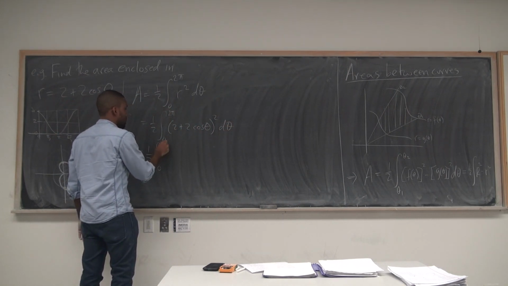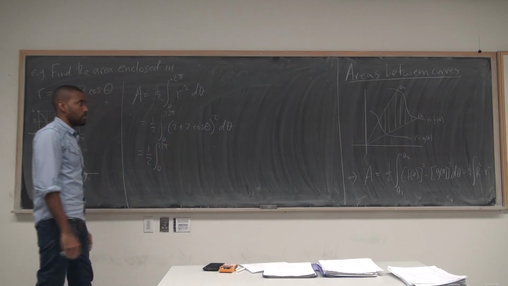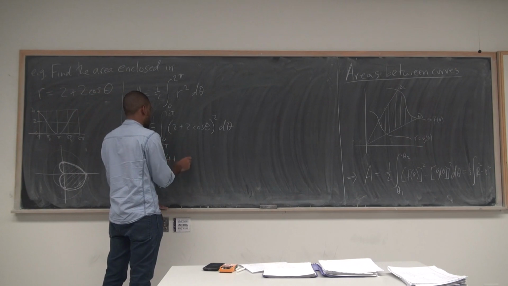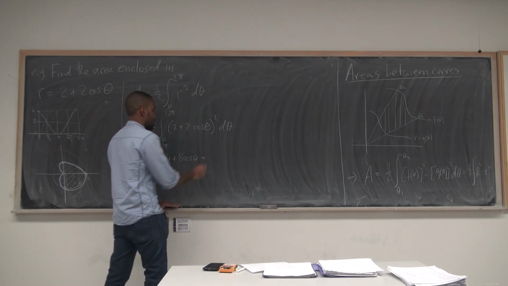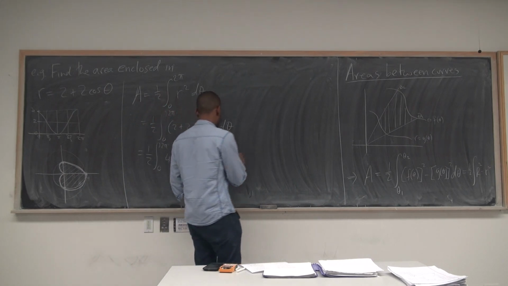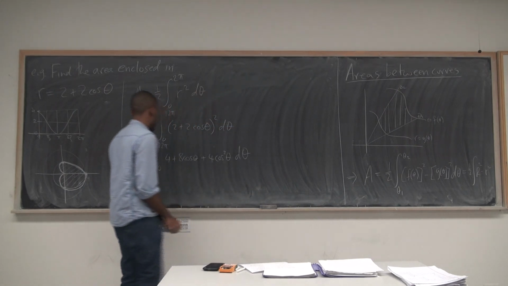So how do I integrate this? Distribute, expand. So you have 4 plus 8 cosine theta plus 4 cosine squared theta.